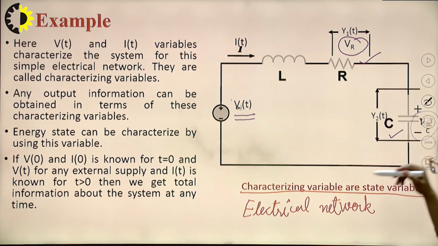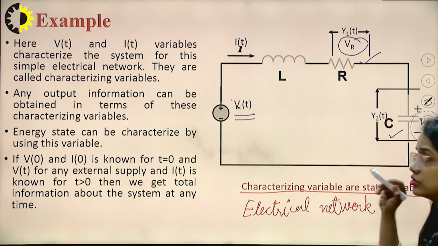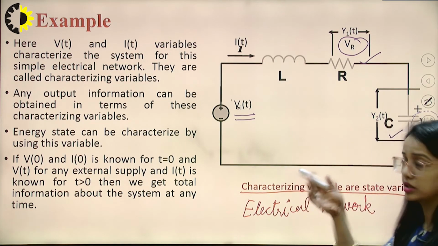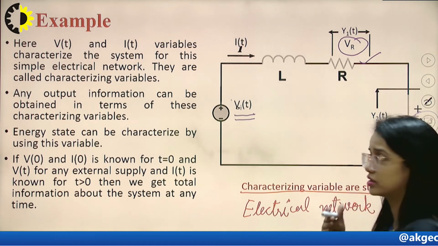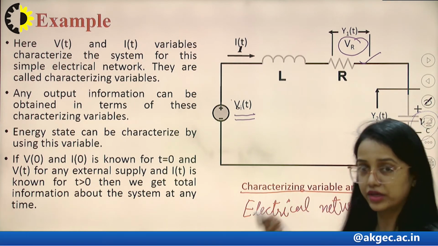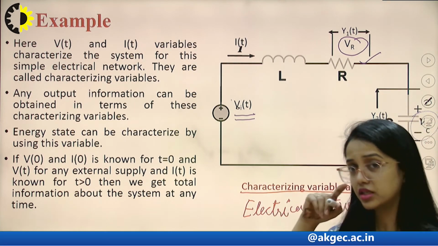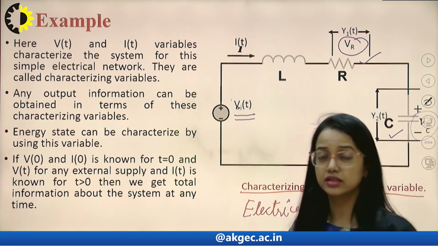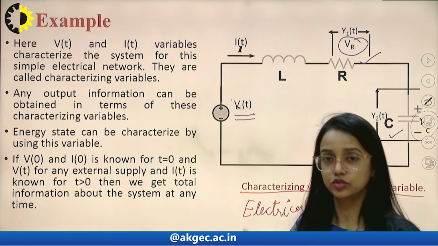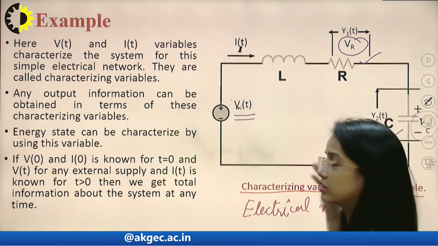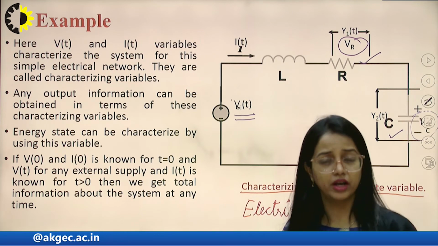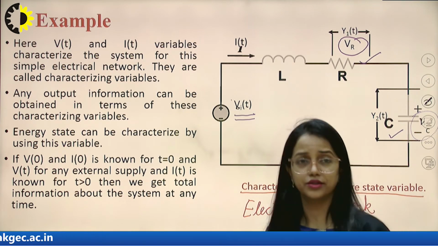In terms of inputs, we have voltage, sometimes called the input variable, and at the output we can have the voltage drops for resistor, capacitor and inductor. So we can have y1 of t, y2 of t, y3 of t.